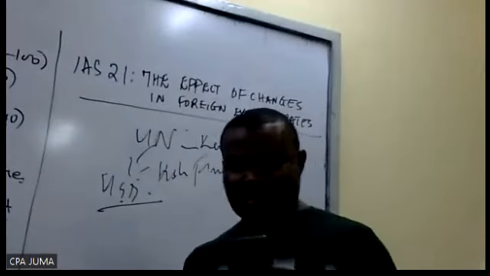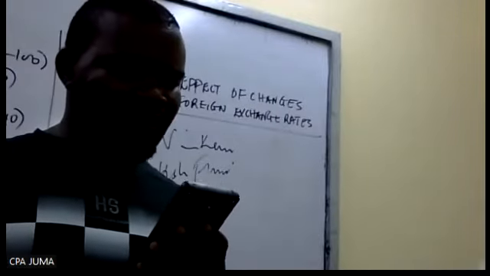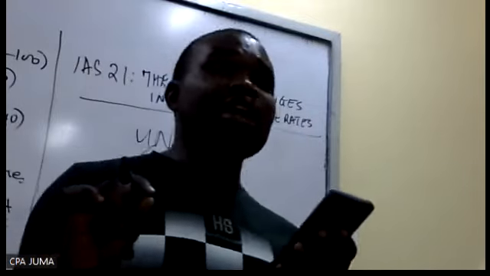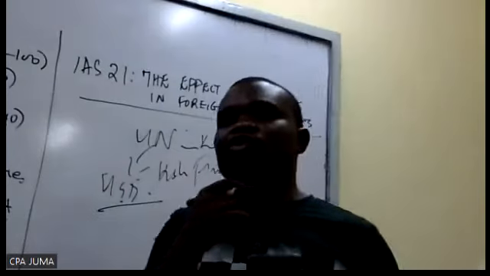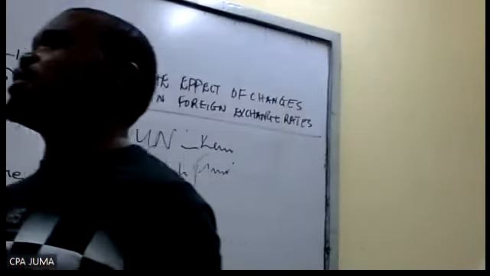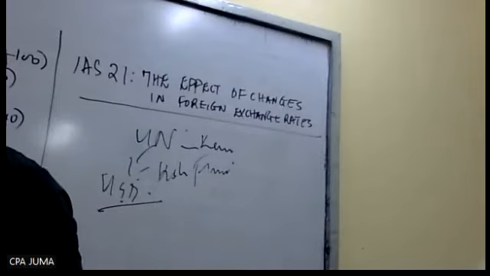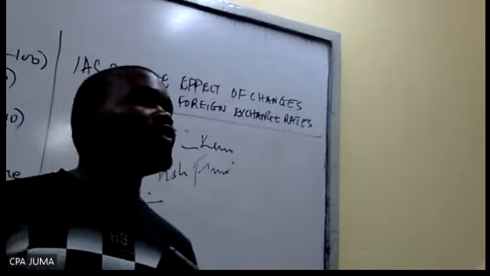Exchange difference is the difference arising from translating a given number of units of one currency into another currency at different exchange rates. Yes. So when you translate, you expect to get foreign exchange gain or what?